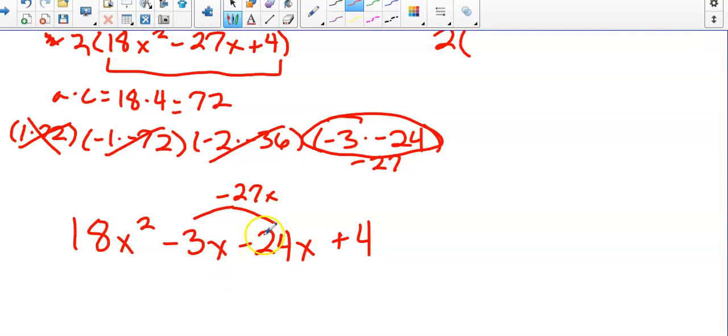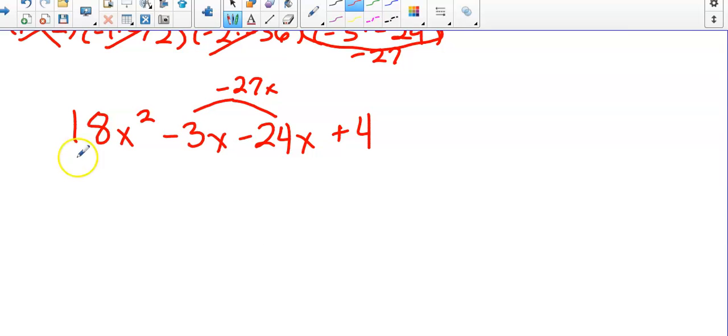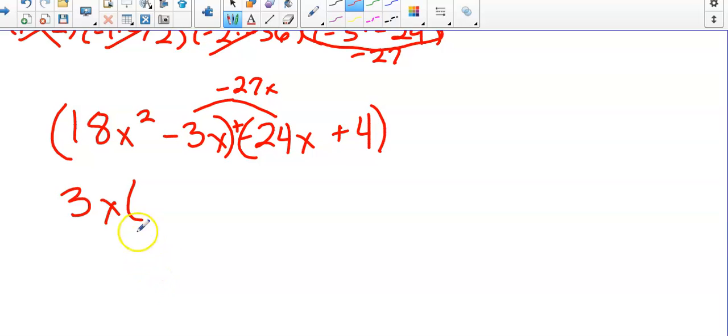Now I can factor by grouping. So I can group these 2 together. I'm going to put a little plus right here and then use parentheses. The GCF of my first pair would be 3x. If I divide out 3x, that gives me 6x minus 1.